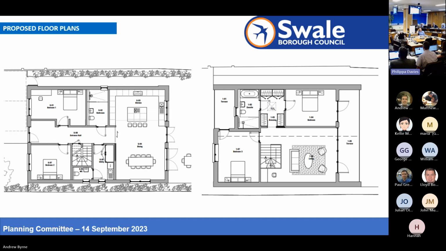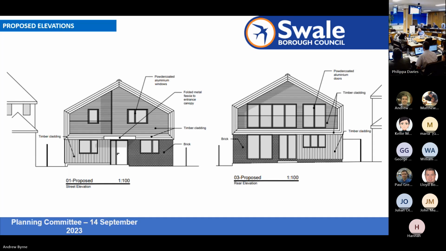These are the floor plans for the proposal. It's an application for a 4-bed dwelling. The living accommodation is arranged partly over both floors, as are the bedrooms. This is the front and rear elevation of the property. It's a fairly contemporary property in terms of design.